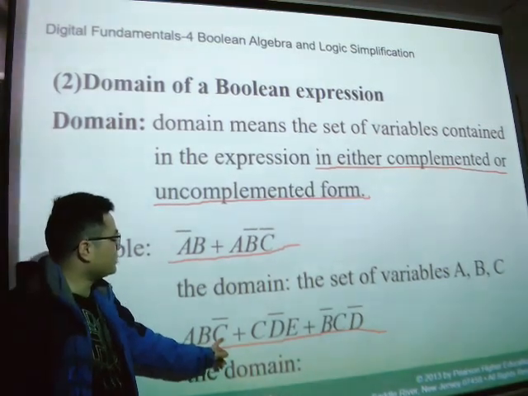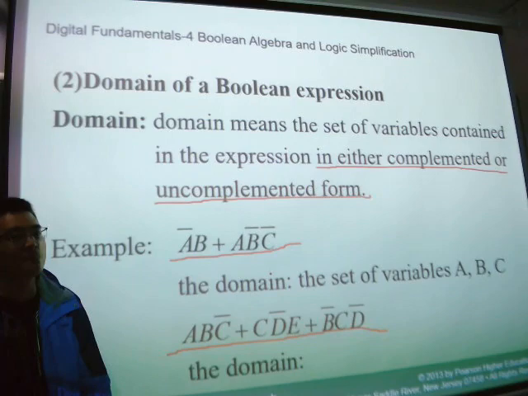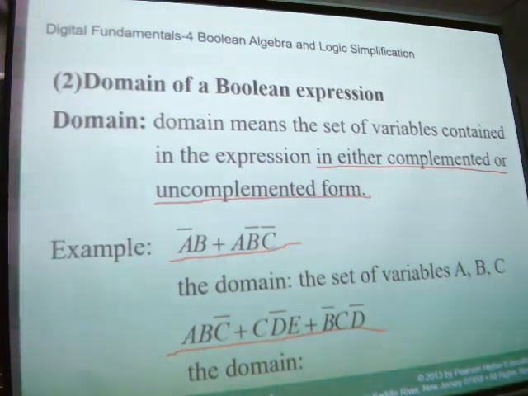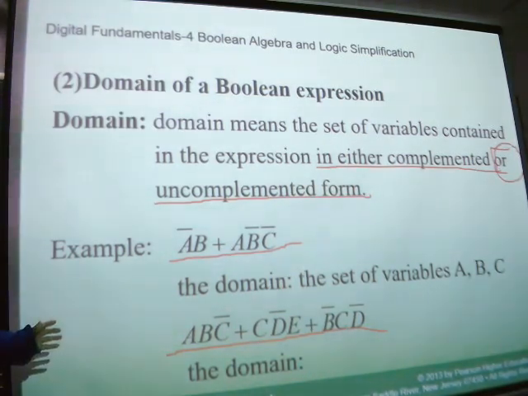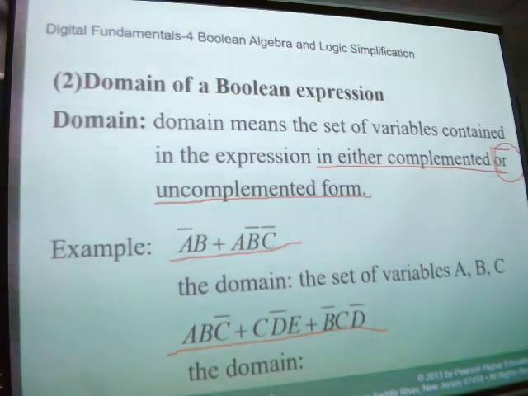One, two, three, four, five. Five variables. So the domain is the set of variables A, B, C, D, and E, five variables.